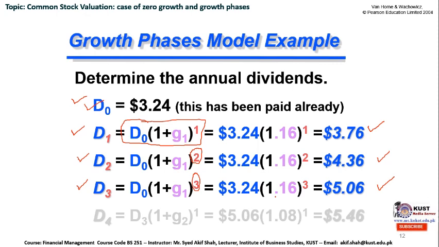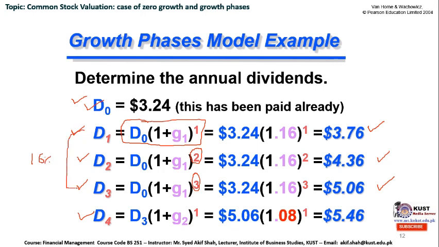And finally, the requirement for the formula was to find D4. In order to calculate D4, as we knew that the dividend was growing at the rate of 16% for the first three time periods, and then for the subsequent year it will grow at the rate of 8%, we have to change our formula slightly.